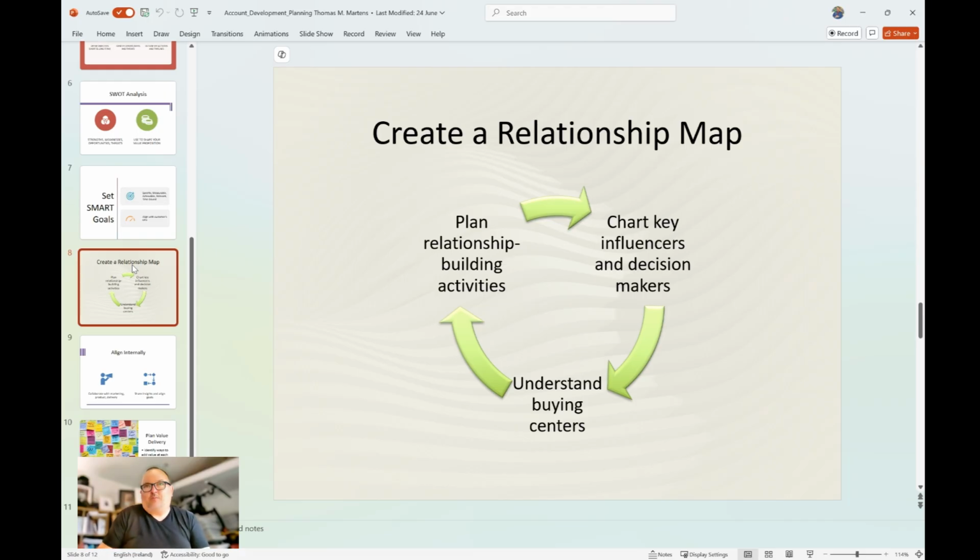Create a relationship map. Very important. Who in the team has a relation with whom at the customer? Build activities around it. Map the chart, key influencers and decision makers. Understand buying centers. When they are buying something, there is a process in place.